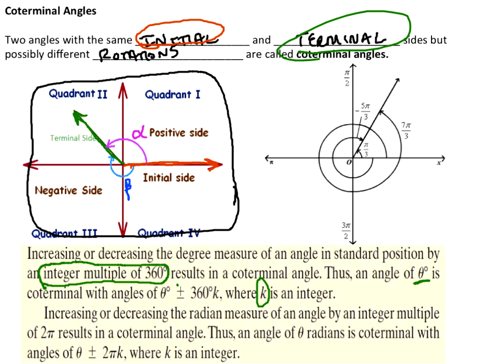That's twice around the circle. And for radians, you increase or decrease the measure by positive or negative 2 pi k. Since 2 pi is all the way around the circle, plus or minus 2 pi k will give you that coterminal angle. So let's work with that.